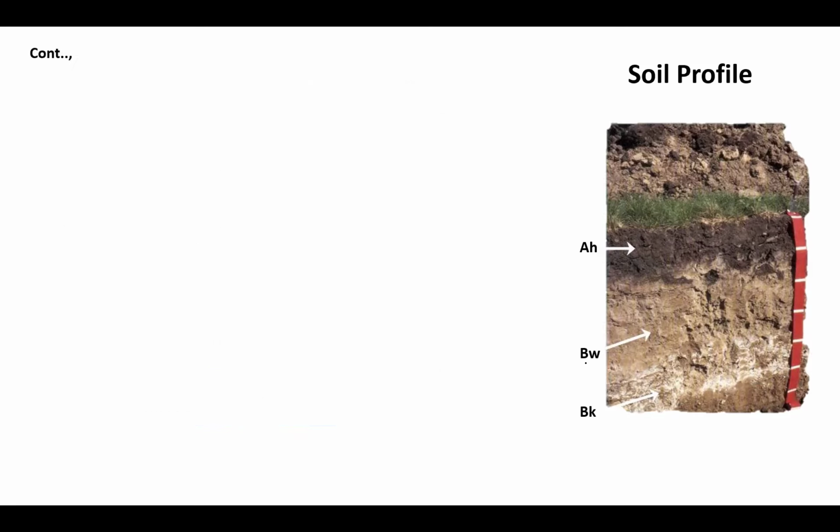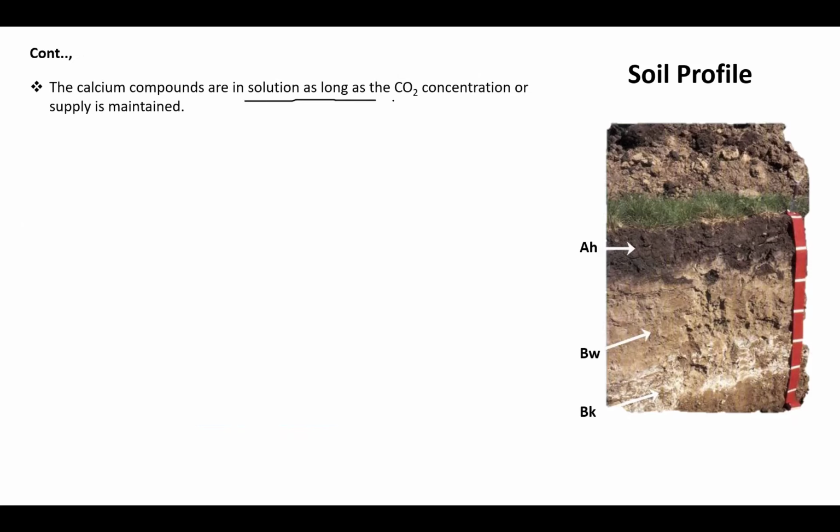So let us see some continuation of the calcification. The calcium components are mostly in solution as long as the concentration of carbon dioxide is maintained. If there is a good concentration of carbon dioxide, there will be a good supply of carbonic acid, and that carbonic acid will dissolve the calcium carbonate into a soluble form, which will be illuviated to the lower regions, where we can see the calcification process.